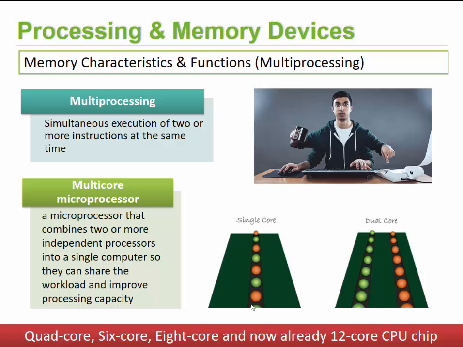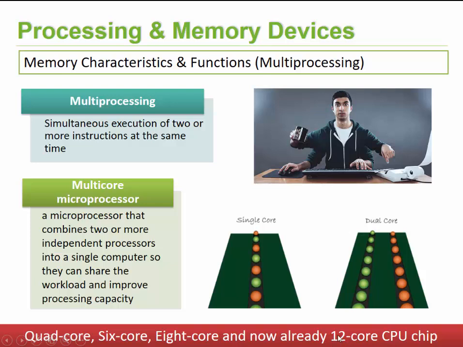If you have two processors combined on that unit, it is typically known as a dual-core processor, meaning that it can execute two instructions simultaneously. And this actually goes up to 6-core, 8-core, and already we're seeing 12-core processors. So these are very, very fast computing systems that we typically find.